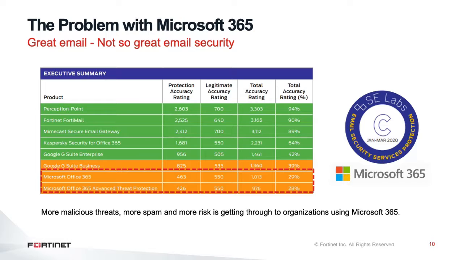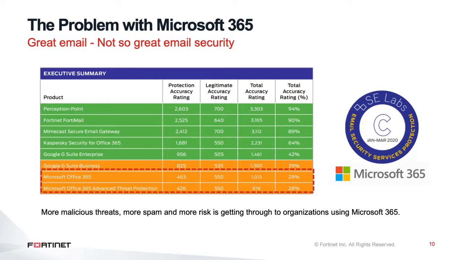Last year, SE Labs were doing this email security testing. And like you can see, Microsoft didn't do that well, but you need to remember that this is a value-add service for them. Same thing for Google. Then there were other vendors that are actually doing security as their main business. Fortinet has been around for 20 years, so we've been also providing FortiMail for most of that time.